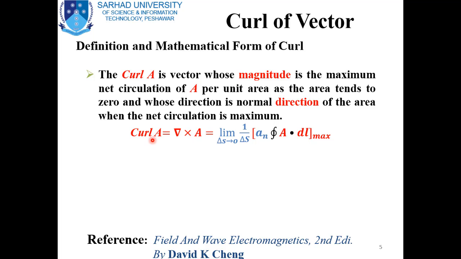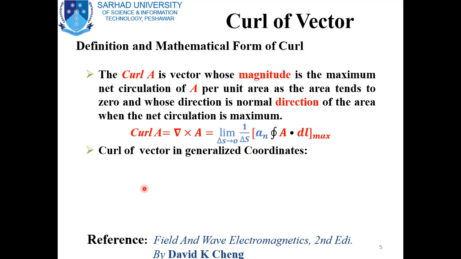So curl of A, or symbolically del cross A, is equal to the maximum net circulation per unit area, such that the direction of the curl is the normal direction of the area, which tends to 0.